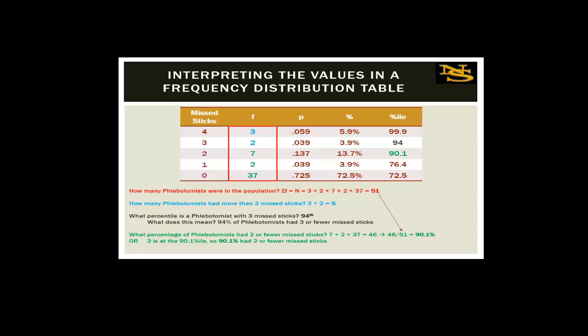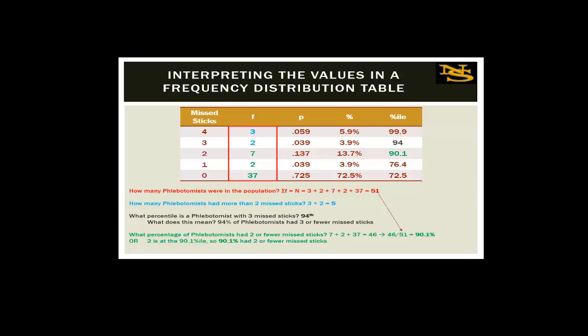You could also ask, what percentage of phlebotomists had 2 or fewer missed sticks? Remember, if you're looking at 2 or fewer, you're looking at the percentile for the score of 2. So you could go straight to 2, there it is, 90.1 percentile. So 90.1% of phlebotomists had 2 or fewer missed sticks.